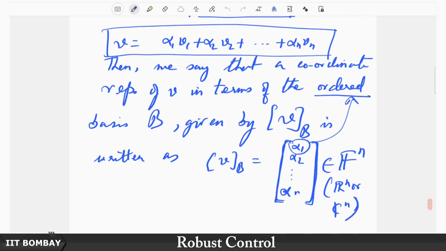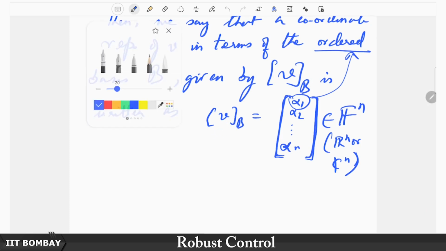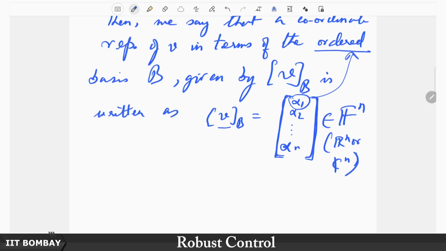Okay, so to refresh your memory, recall that in the last lecture we have seen that when you have an ordered basis, any vector in a vector space V can be represented in terms of the ordered basis by a column of numbers. So it's coming from the field F^n, where F is the field. In our case, F would be either R or C, real numbers or complex numbers.